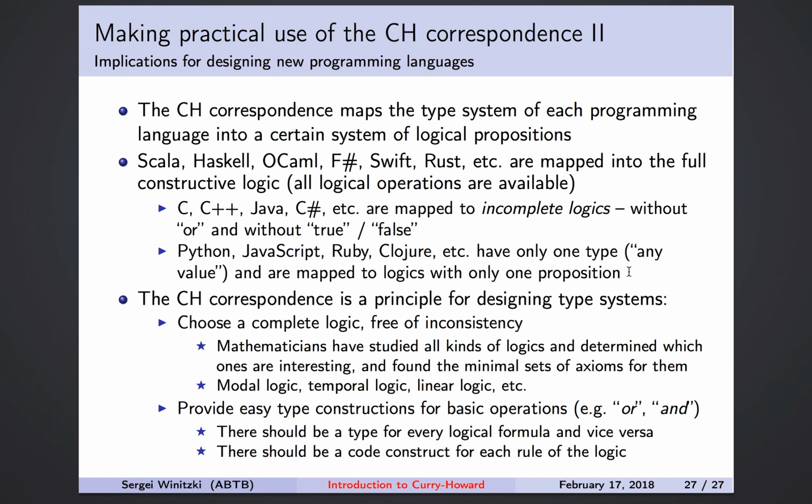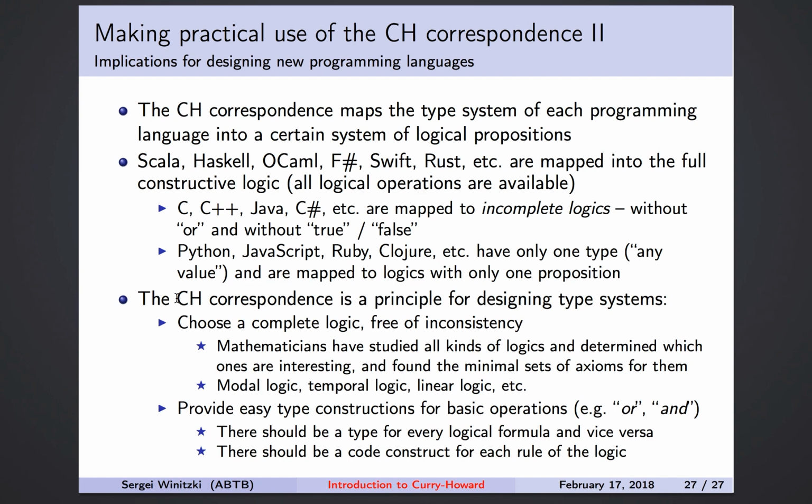Those logics are extremely small in terms of what kind of things you can reason about, and so if you write a program in these languages, you're completely unable to reason at the level of types, whereas in the other languages you are able to reason, but in a limited way. You're not having a complete logic.